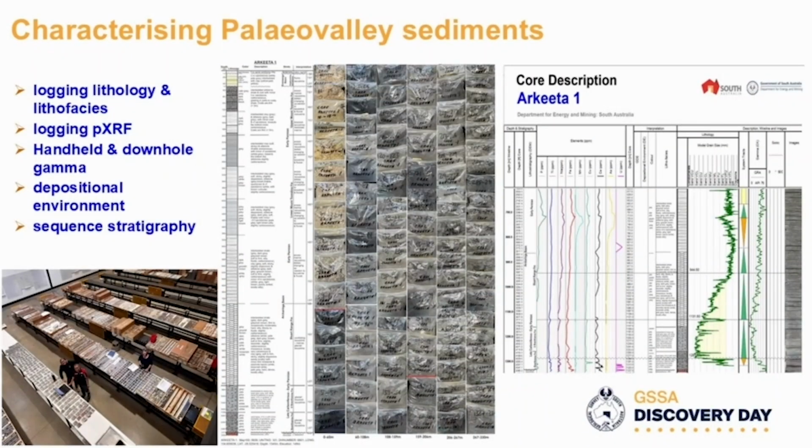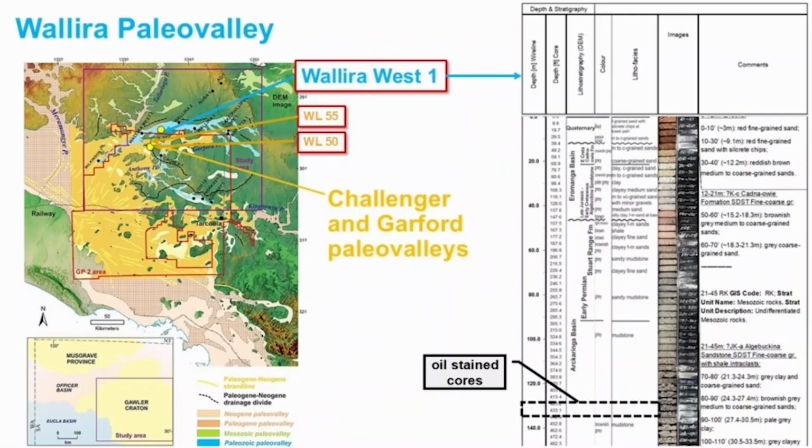Another example is from our Gawler Paleovalley. From this Paleovalley, you can see this part is the Garfield Paleovalley, a Cenozoic one related to the Gawler Basin. But this part is Permian. Before, it was called the Permian Trough, and now we're mapping it from high gravity results.